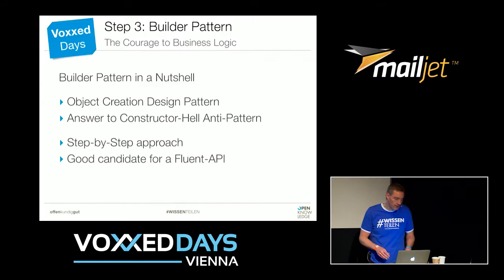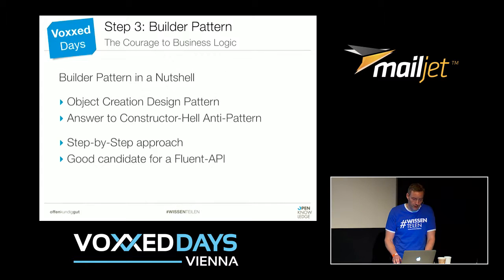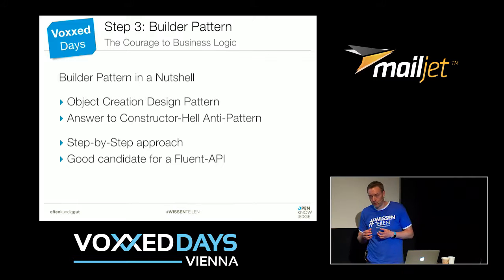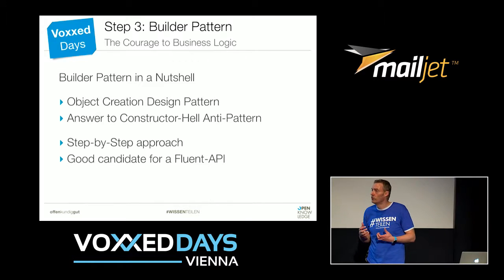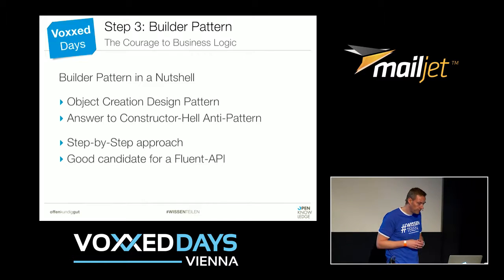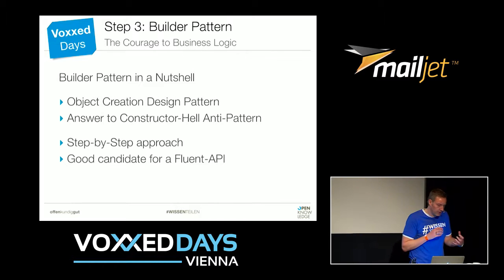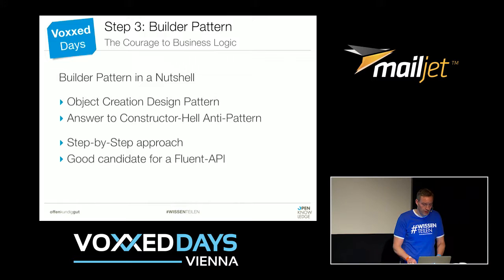And this is the answer to the constructor hell anti-pattern I showed on one of the first slides. So if you have different combinations or permutations of attributes which will end in a consistent object, it's always a good idea to use a builder pattern for it.